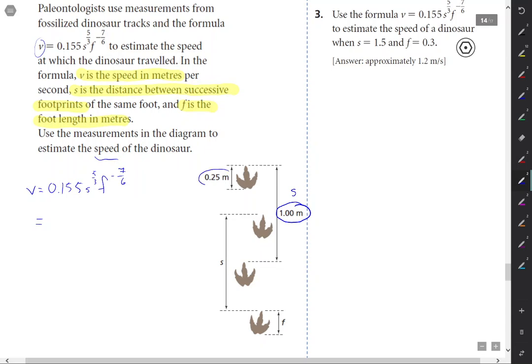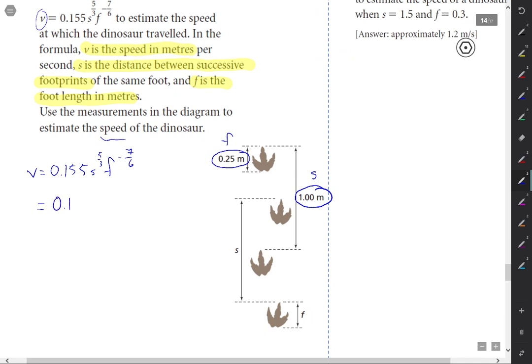They give us the foot length as 0.25 meters, so that would be the f. Let's plug that into the formula. We have 0.155, our s is 1 to the power of 5 over 3, and the f is 0.25 to the power of negative 7 over 6.